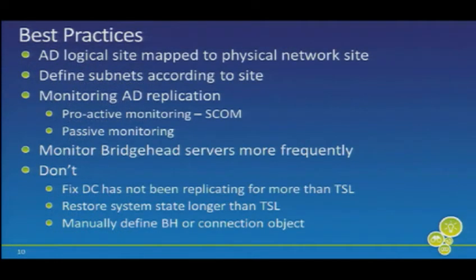AD best practices: map the AD logical site to the physical network site, and define subnets according to the site. This is really important because however you have your physical network, you have to make sure it is reflected in the logical network in Active Directory.